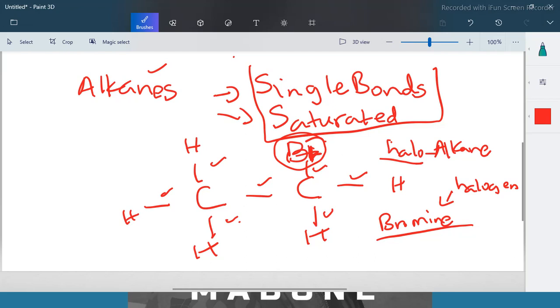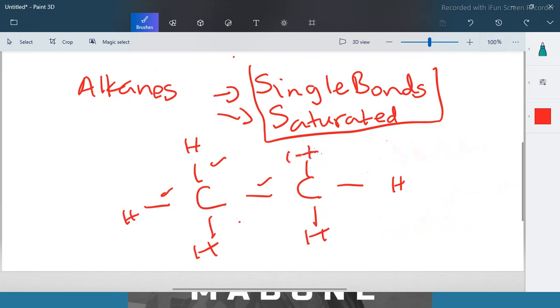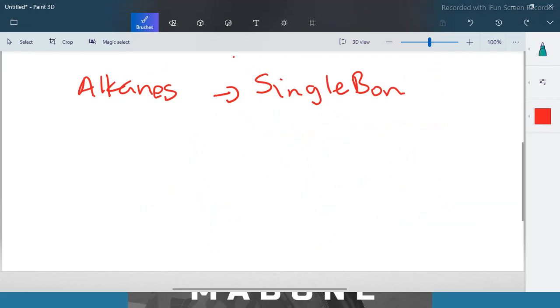We remove the hydrogen and we put our bromine. Later, in the third part of this tutorial, I will be showing you how the substitution of hydrogens and all these things work to create useful substances within the science branch. Okay, guys. Now I've explained alkanes. I'm going to try and be quick, and I'm going to explain alkenes.